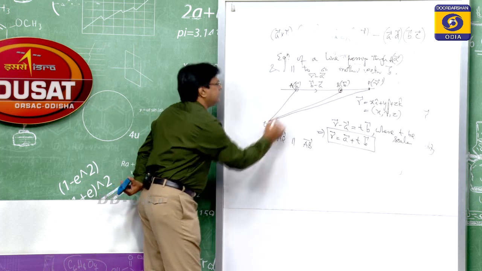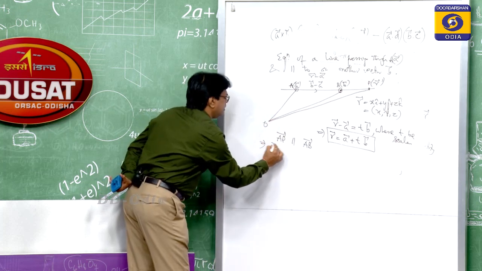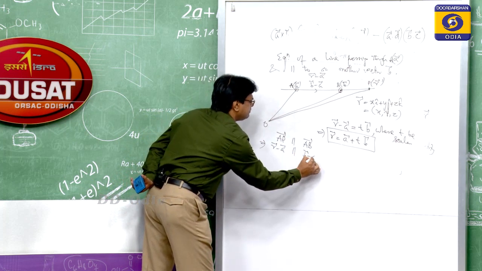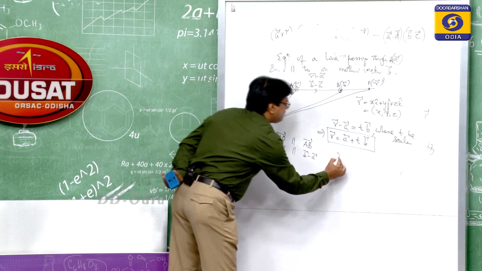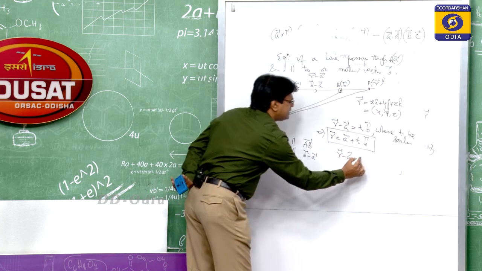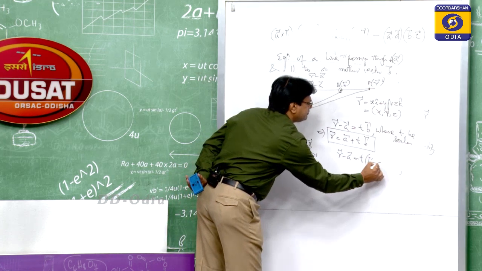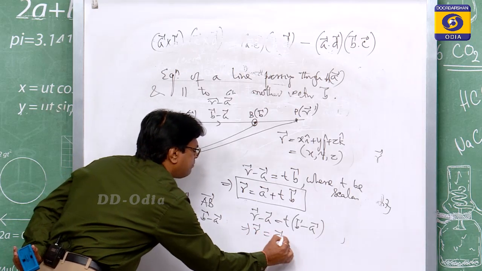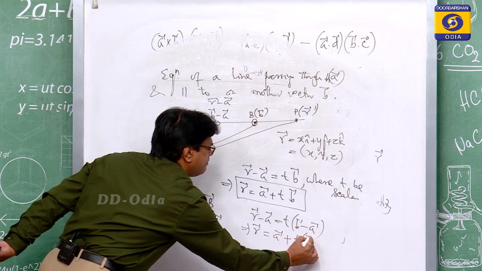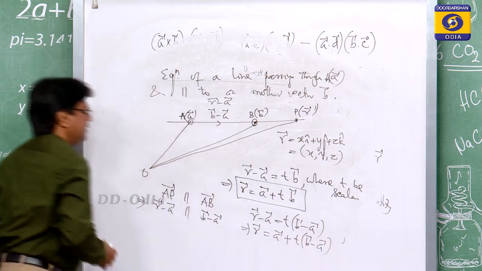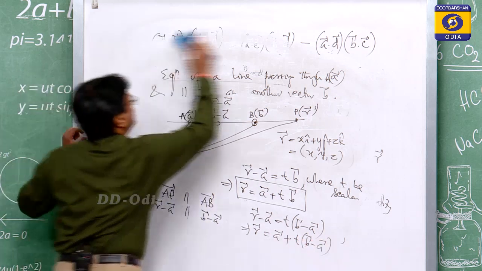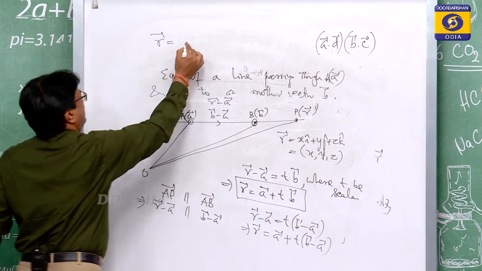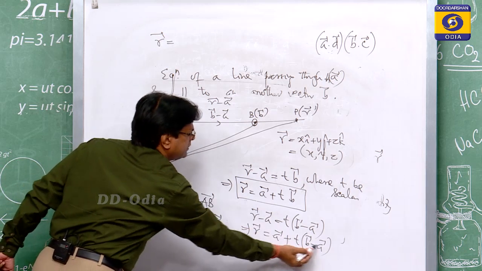So, AP vector, which is r minus A, is parallel to the AB vector, which is B minus A. Then r minus A can be written as t into B minus A, or r vector is equal to A plus t into B minus A.